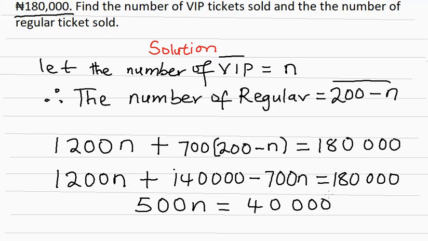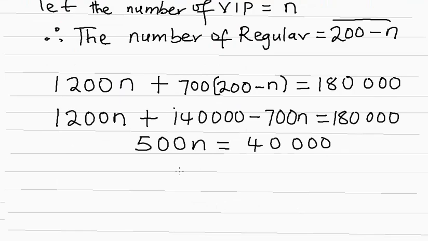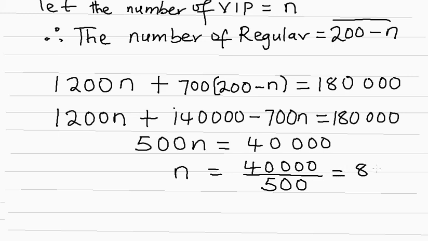Now n, the number of VIP tickets, is equal to 40,000 divided by 500, which gives 80. So the number of VIP tickets is 80.